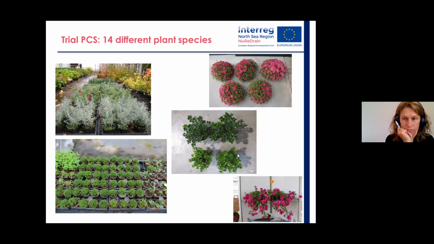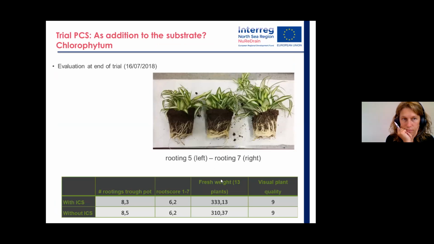They absorbed that P too, so it was less available for the plant. That was for most plant species. We didn't see this effect on chrysanthemum, and we didn't see it on petunia, Surfinia. On the other plants, we saw a rather negative effect. Another trial we did was with Chlorophytum.